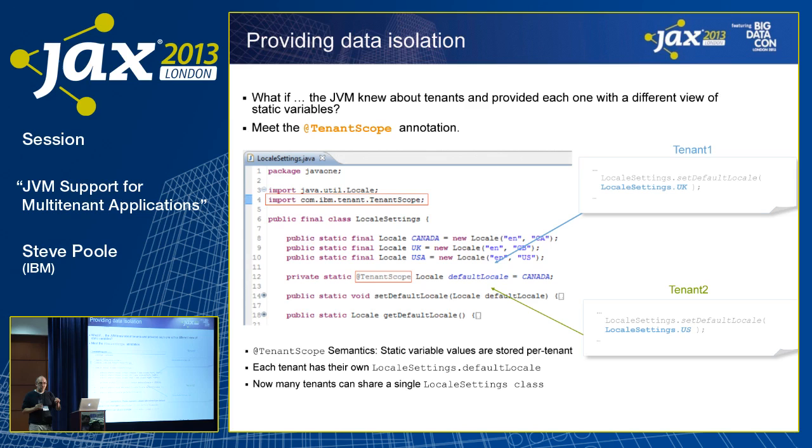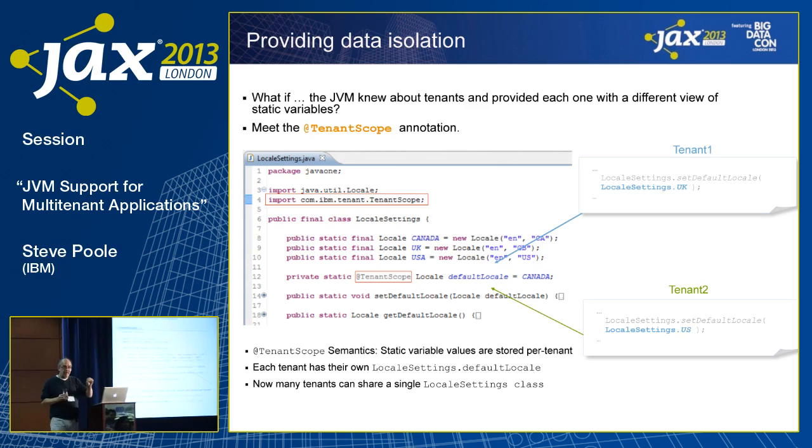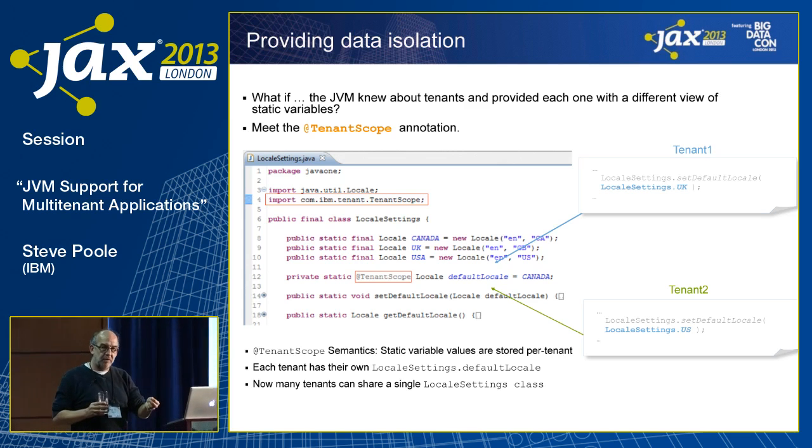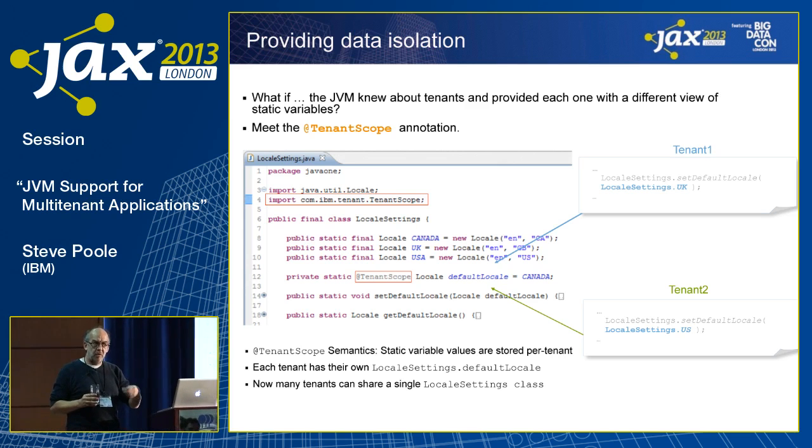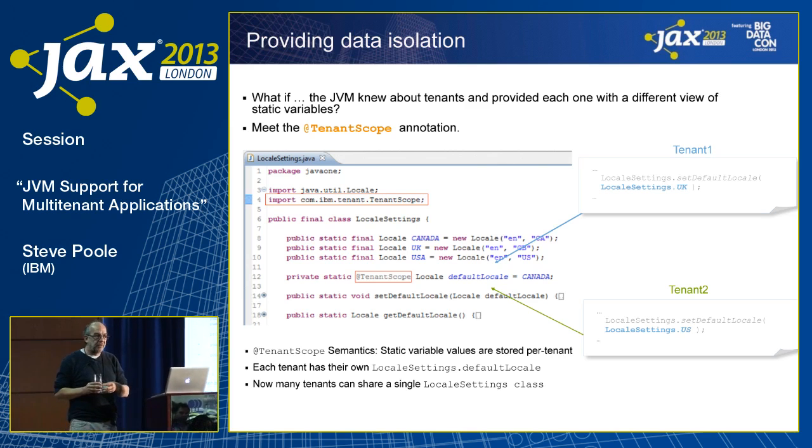And the variant that you should use is based on the tenant that you're running, so it's tied to the tenant. From each tenant's point of view, they'll get the value they want. They can set the value. If they don't touch the value, they get whatever the default value is. And if somebody else changes it, it doesn't affect you. So you get complete separation, complete isolation.